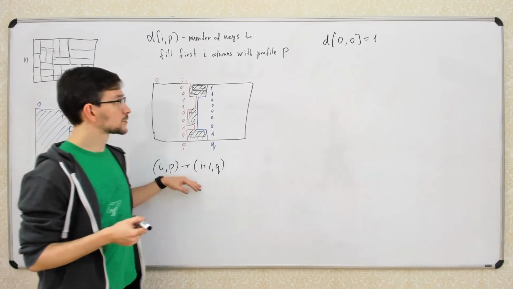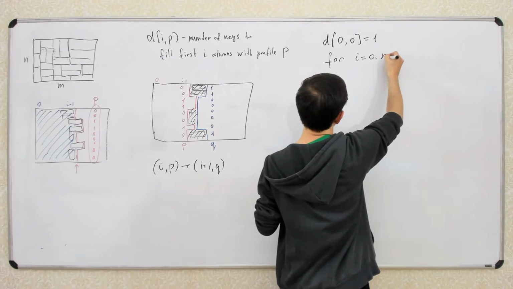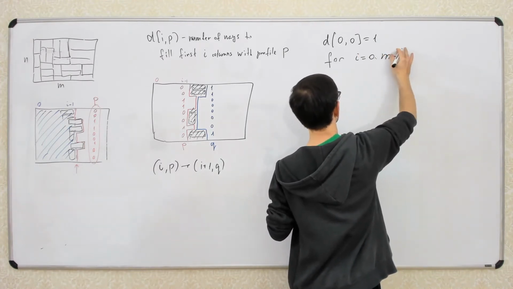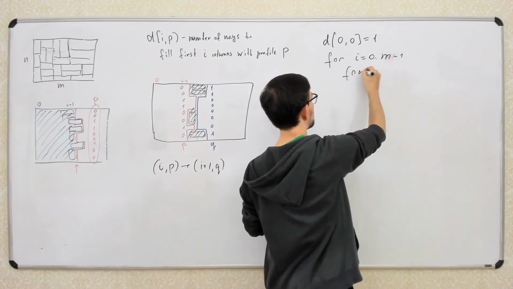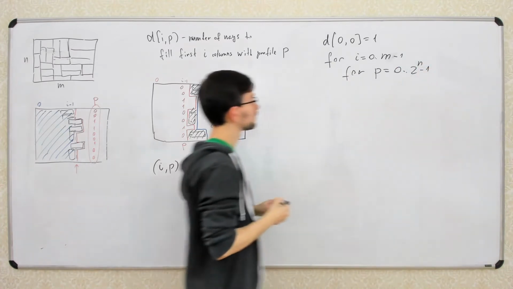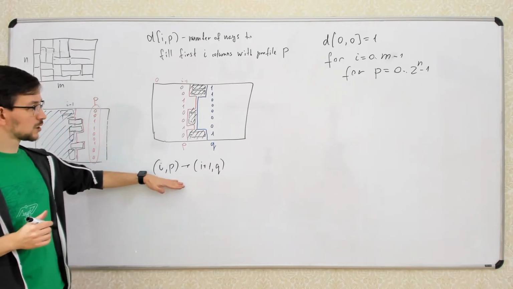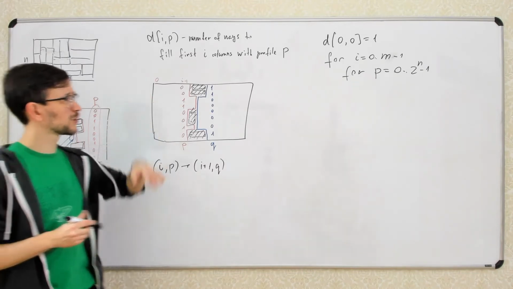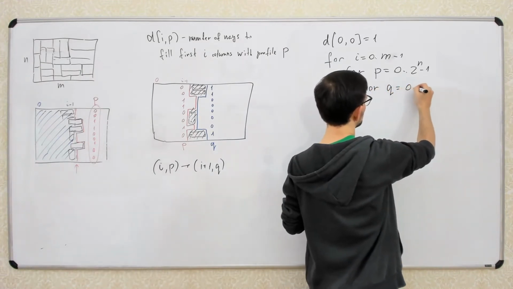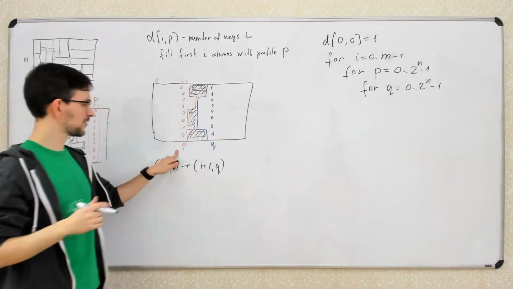Now you make these transitions. You start again from I from 0 to n minus 1. And you iterate all possible profiles from 0 to 2 power n minus 1. And now you make these transitions. To make these transitions, I will write simple code. I'll just iterate all possible q's from 0 to 2 power n minus 1. And then I check if it is possible to go from this state to this state.